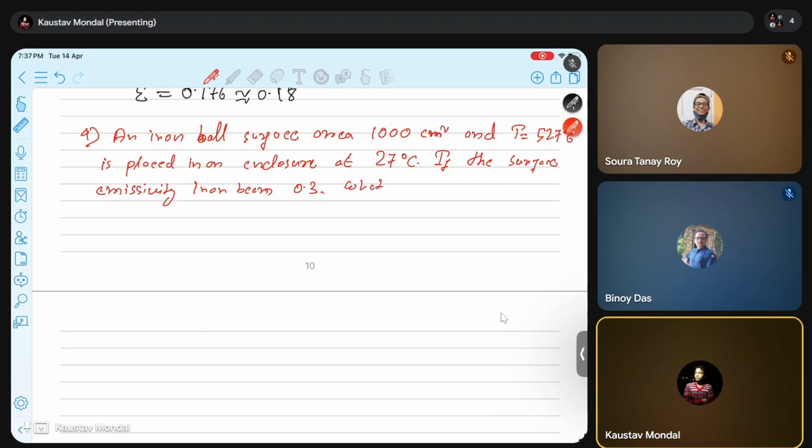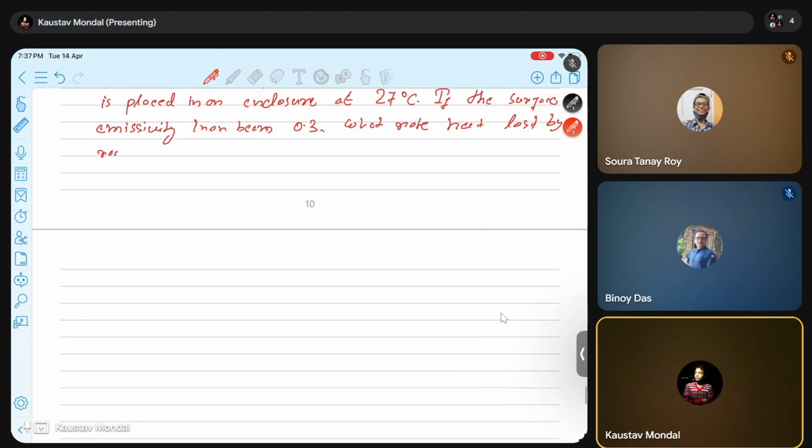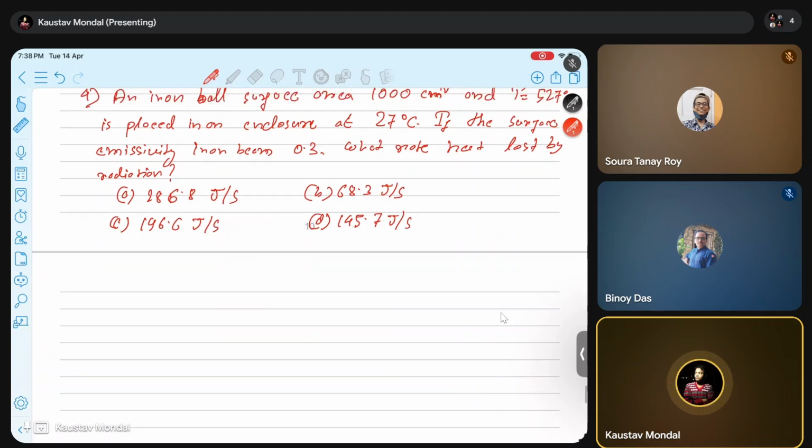The options: A is 86.8 joule per second, B is 68.3 joule per second, C is 196.6 joule per second, D is 145.7 joule per second.